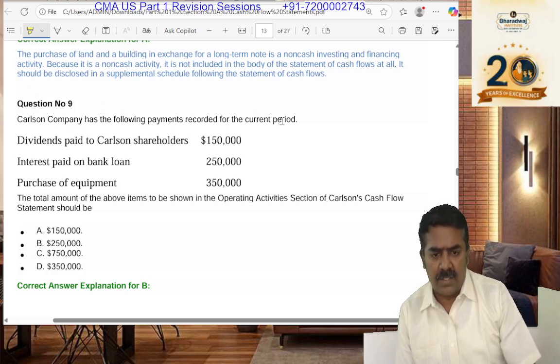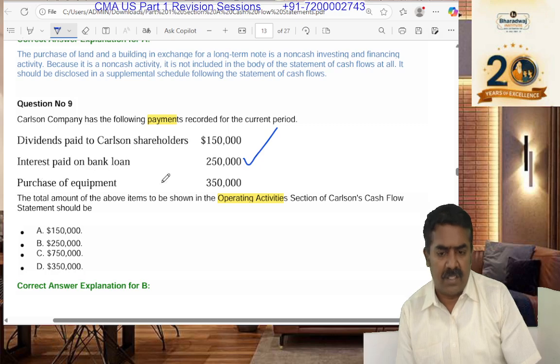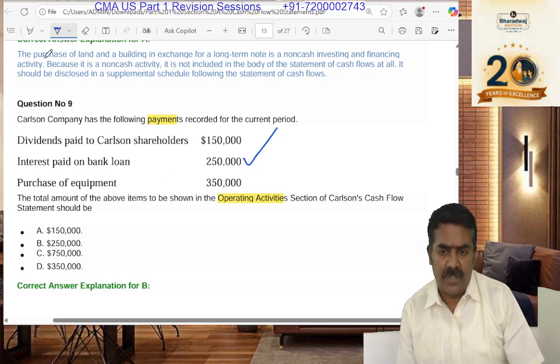Carlson Company has the following payments. They ask you to find out operating activity. What will come in operating activity? Only interest paid will come in operating activity. Dividend is a financing activity. Equipment is which one? Fixed assets. Okay, so investment activity. So what will come in operating activity? Only interest will come in operating activity.